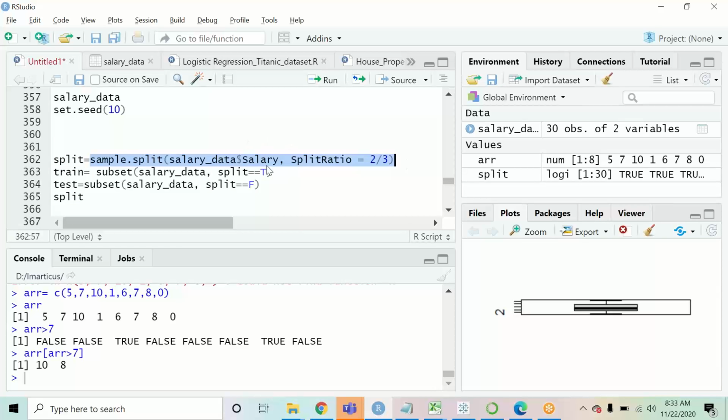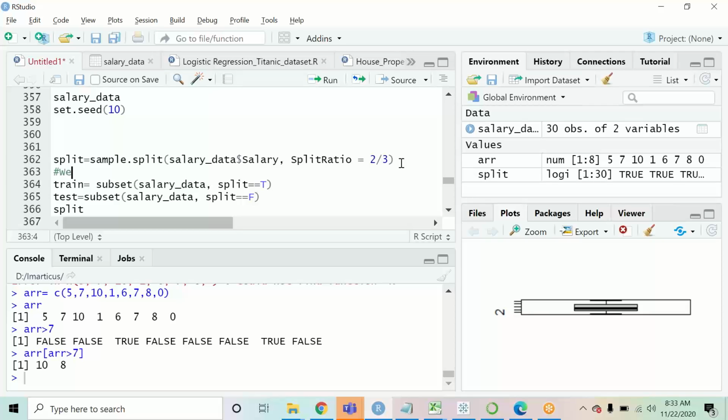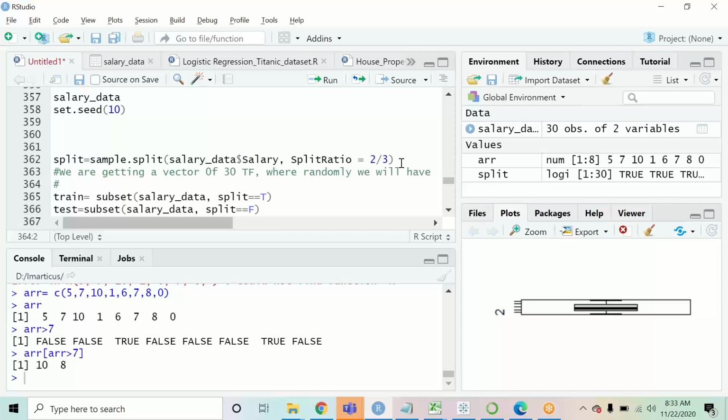This is giving me a vector of 30 logical true and false values. So when I'm using this sample dot split, we are getting a vector of 30 true false values, where randomly we will have 20 true and 10 false, right? This is what I will be getting.